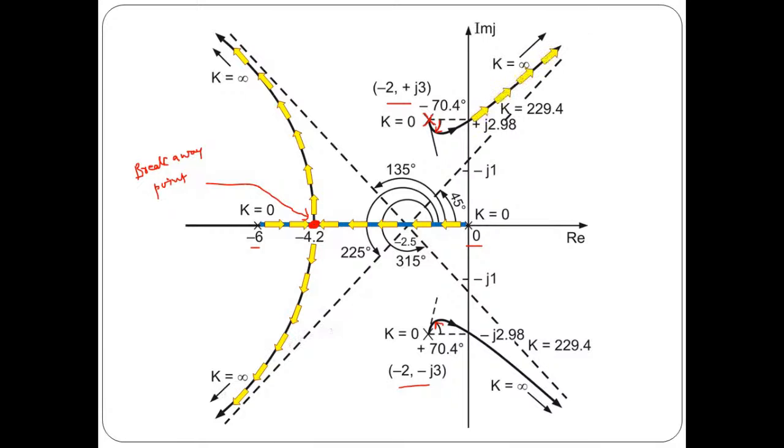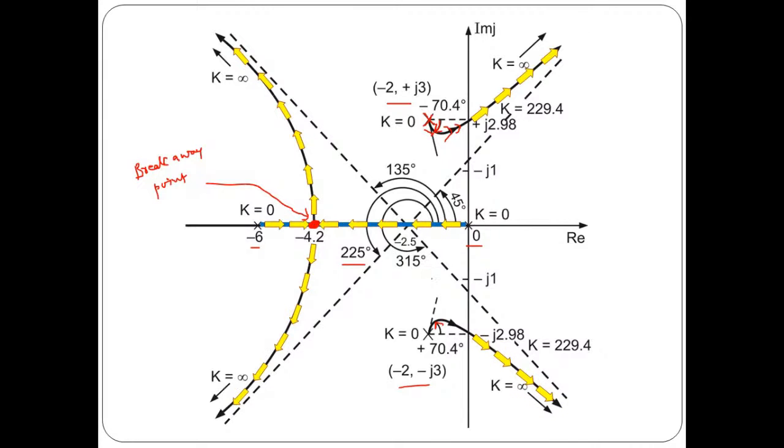And then see, another pole is available at minus 2 plus 3j. So one branch will start from this particular point, and then it will move like this towards infinity along the asymptotic angle of 45 degree. This is for 225 and this is for 45.